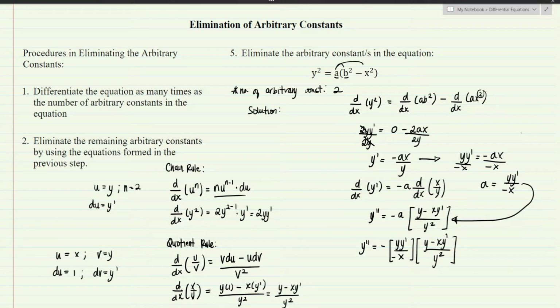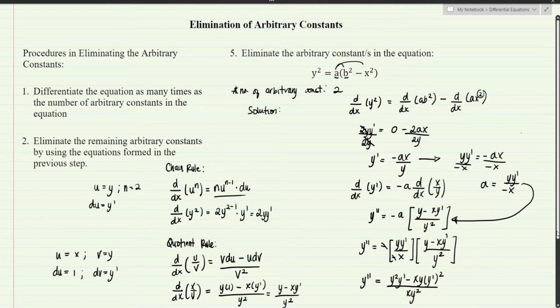Okay? So simplifying, this negative cancels out. So I would have here y double prime equals, I will distribute y prime from y minus xy prime. So I would have here y squared y prime minus xy multiplied by y prime squared, then over x times y squared, that would be xy squared.